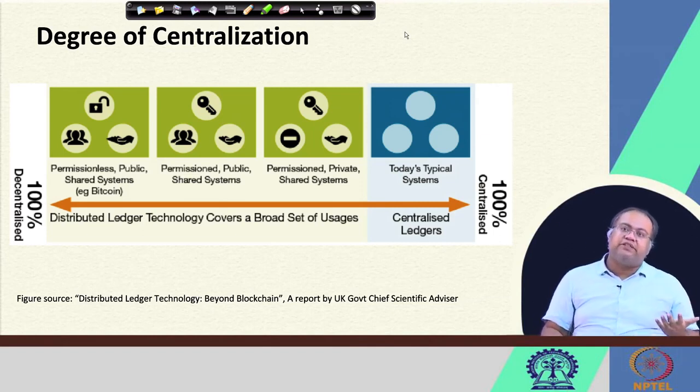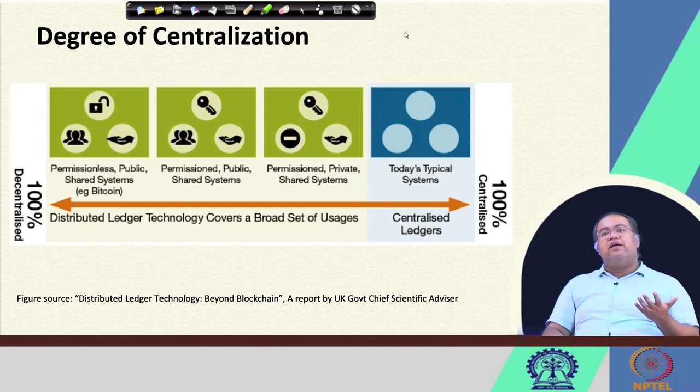The permissioned public shared system means that the system is still public, but the participants who participate in the system get pre-authenticated. So, that way they are permissioned. Only a permissioned entity can participate in your platform, but it is a kind of public platform where anyone can get a verifiable credential and join the system.